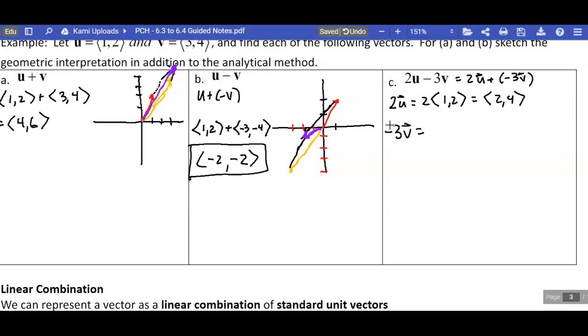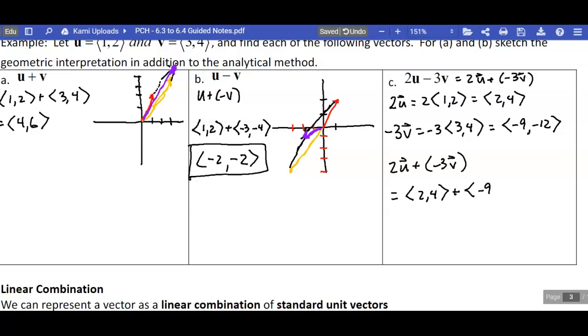So the opposite of 3v is going to be negative 3 times 3, 4. So that's going to give us negative 9, negative 12. And then I'm just going to add these two together. So 2u plus the opposite of 3v is going to equal 2, 4 plus negative 9, negative 12.